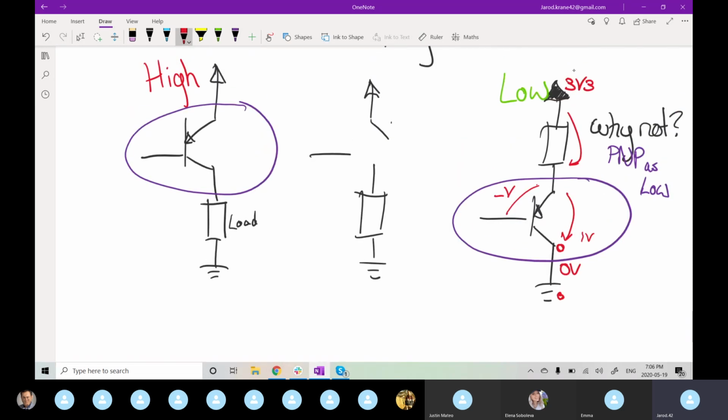So our load is going to cause some 2 volt drop. So we're now only looking at 1 volt, maybe even less, at the emitter.